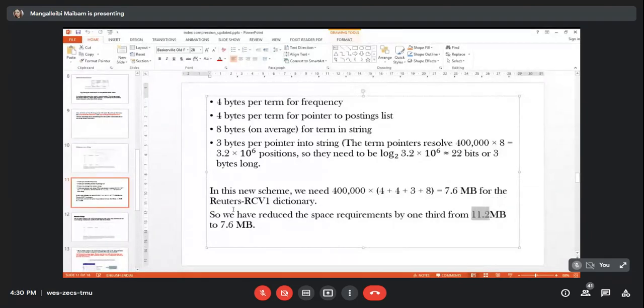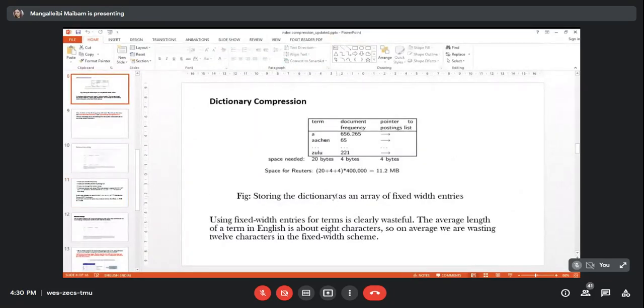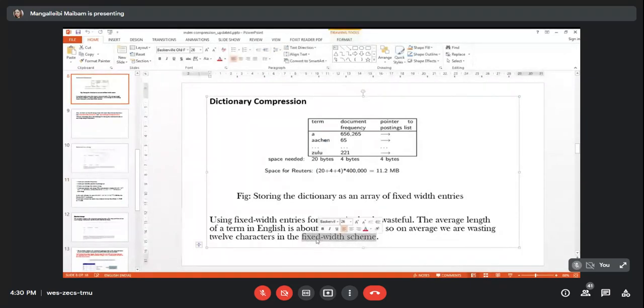So once again, let me explain this. In dictionary compression, the fixed width scheme is one scheme. In the fixed width scheme, for every term we require 20 bytes. For frequency, we require 4 bytes. And for pointer to posting list, we require another 4 bytes.